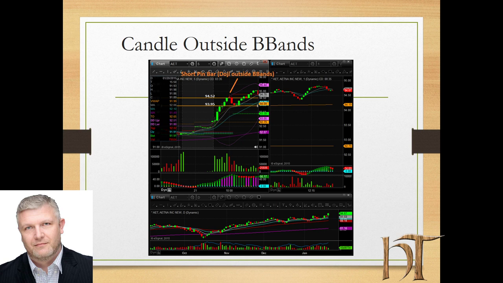So during the period the candle went up or down, but then it closed right at the same price. Let's say it started at 94.52, went up to 94.76 or something, and then went back down to 94.52. So it's gone up or down, or both, but it's opened and closed at pretty much the same price.